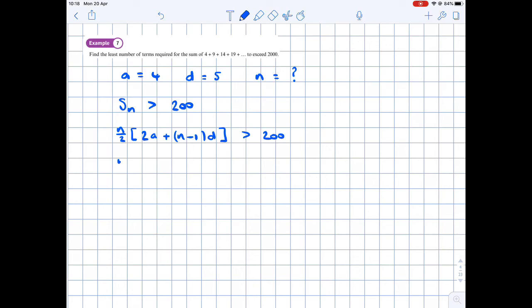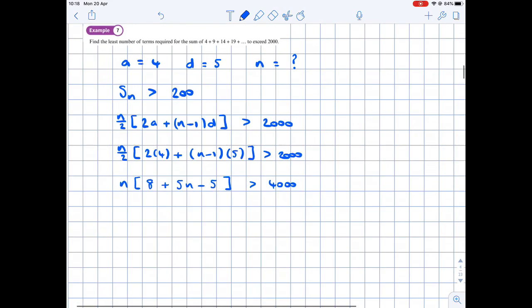Filling our values in, n over 2, 2 times 4, plus (n minus 1), and our common difference is 5, bigger than 2000. So I'm going to multiply both sides by 2 first of all, tidy up inside as well, tidying up a bit further, we have n times (5n plus 3), bigger than 4000.